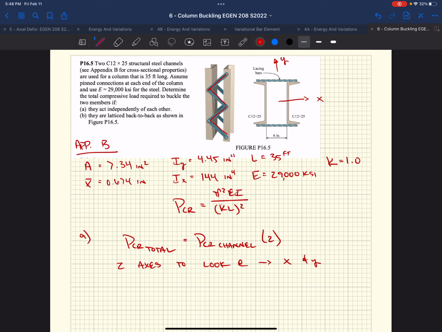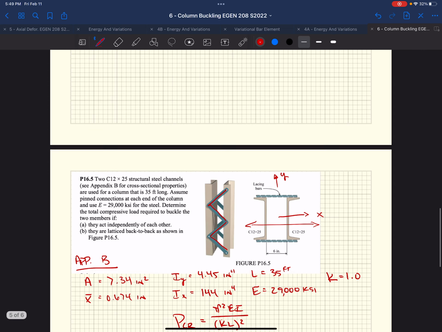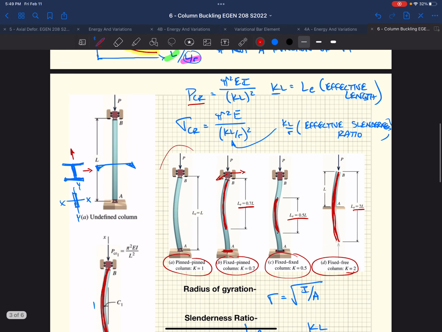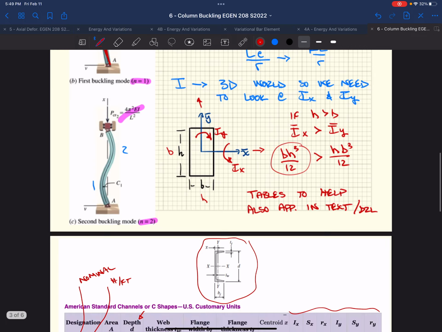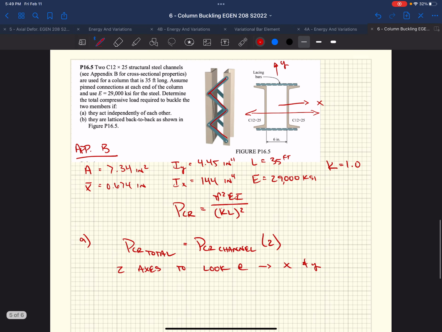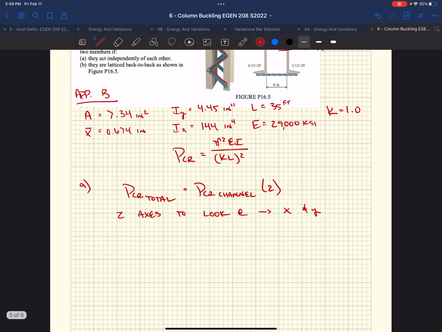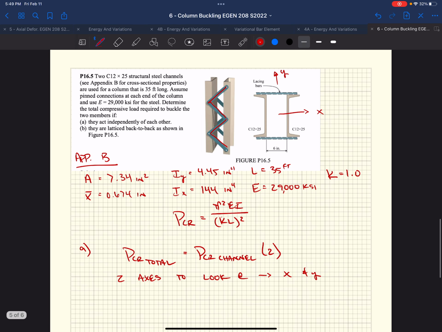So effectively, these channels could move side to side, right? When it buckled, it might look something like this, where it buckles to the side. Or it could buckle the other way, right? It could buckle in the Y direction. So with that being the case, let's look at the X direction, okay?